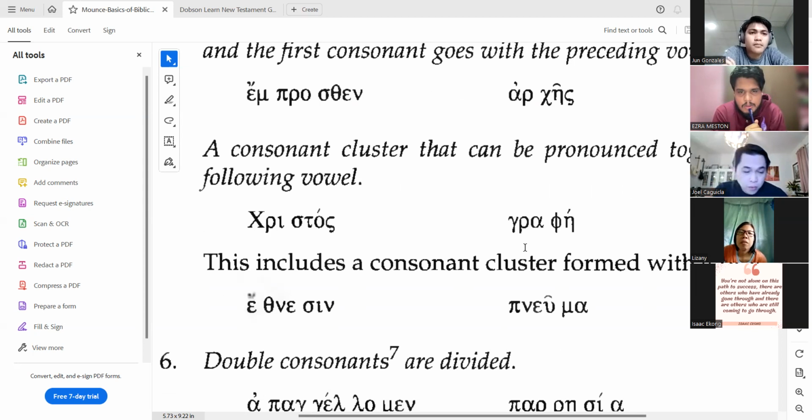And then this is the gamma. So gamma and then rho, grape. Notice that the accent is in the last letter. It is a vowel, so grape. Graphics, right?